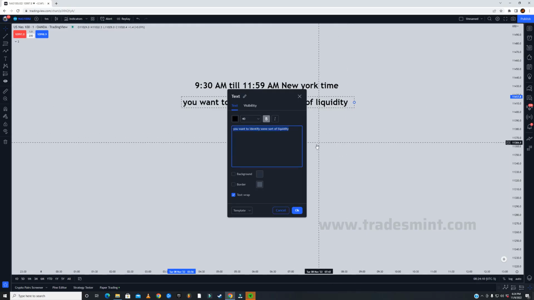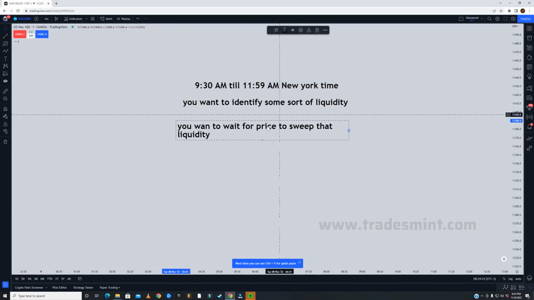And rule number 3 is you want to wait for price to sweep that liquidity. So you want to wait for price to take out the liquidity that you have identified.